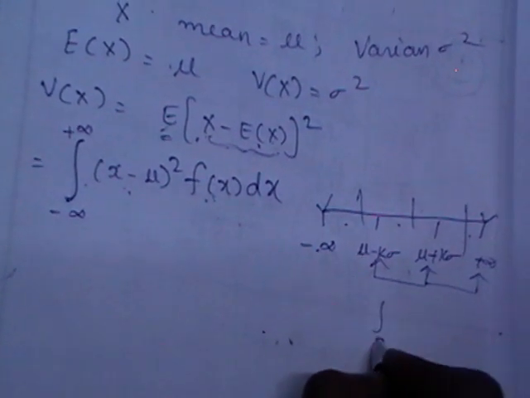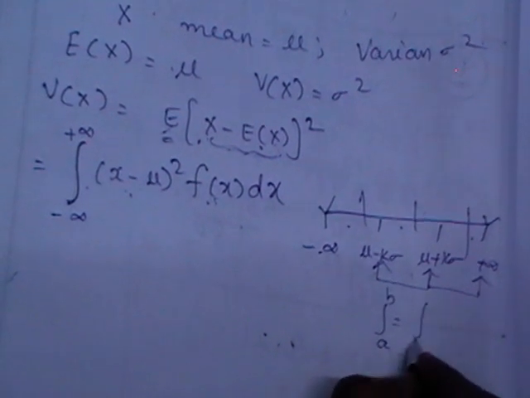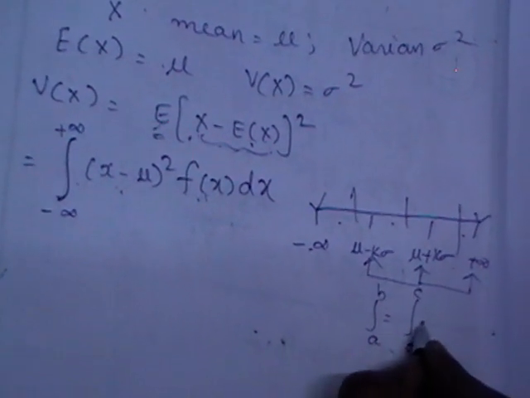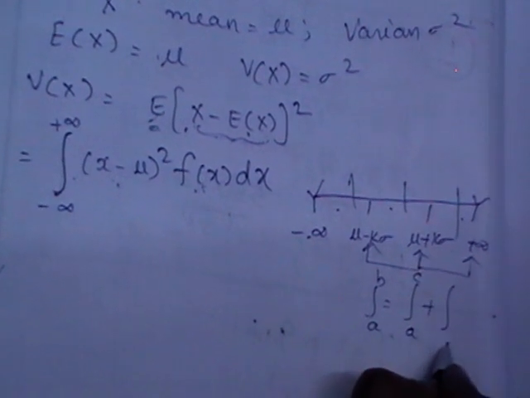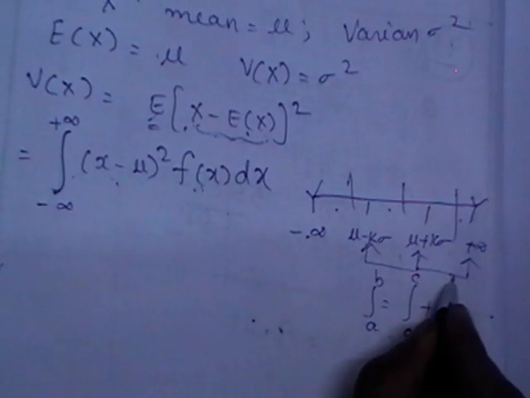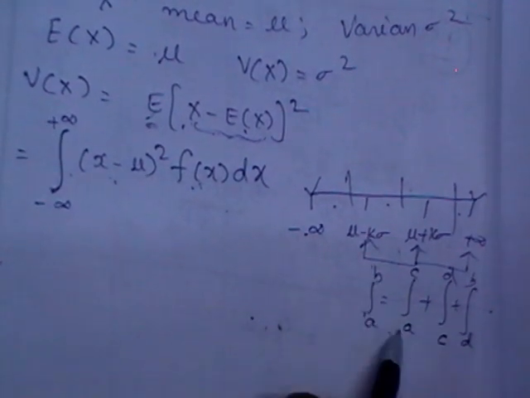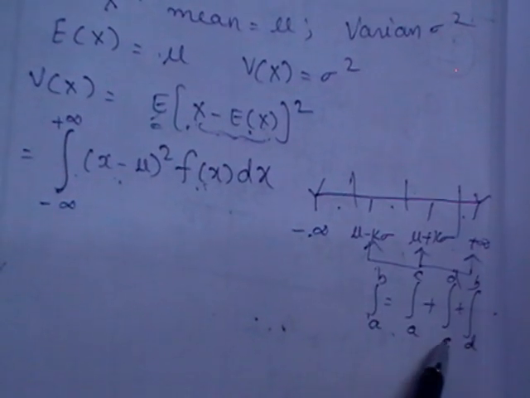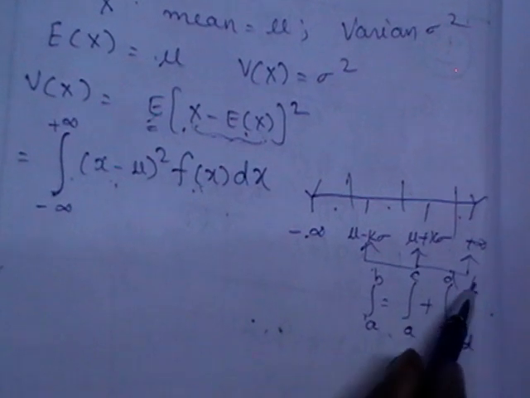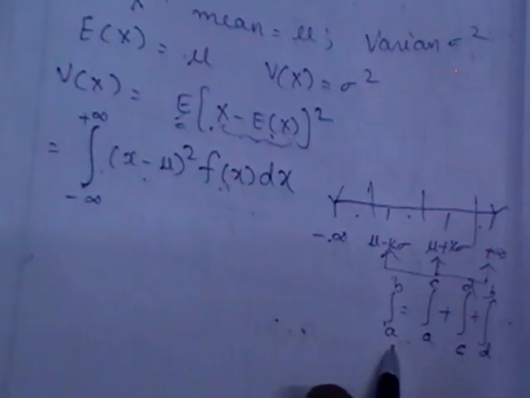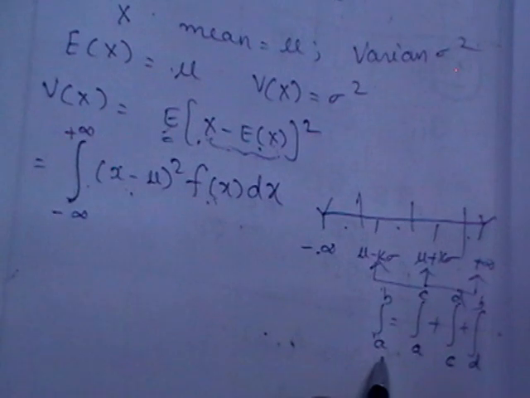Whenever an a to b integral can be written, if you take any intermediate values c and d, you can write a to c, c to d, and d to b. You can change the limits in this way for definite integrals.